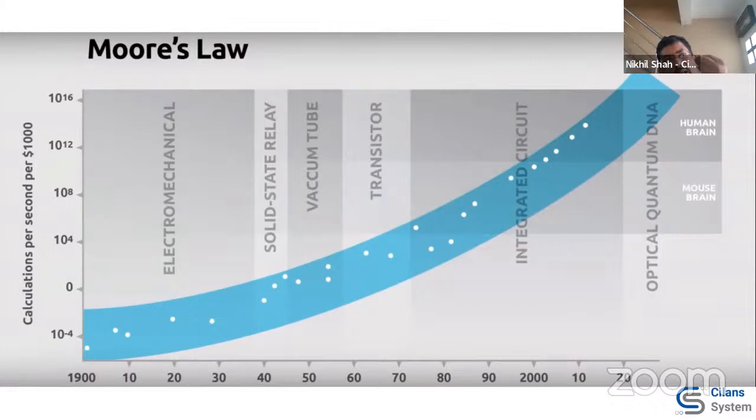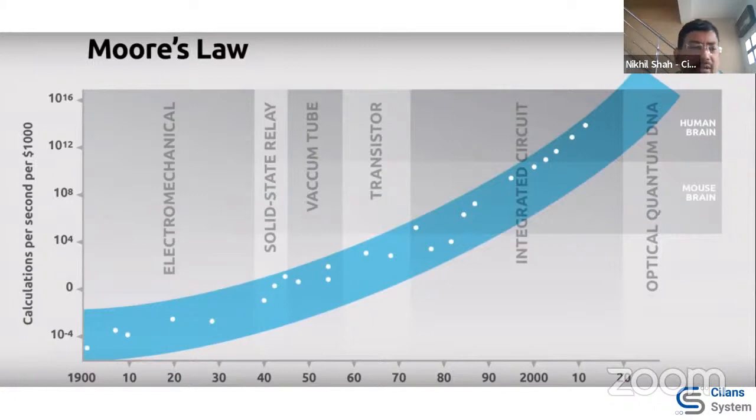That means the chipset transistors, and it has consistently proven true for the last few decades. I don't know about recently, but when I was in college, Moore's law consistently held true. Almost every 18 months, the computation power of the chipset, the transistors, was doubling.